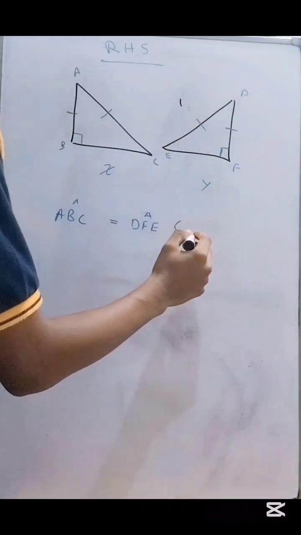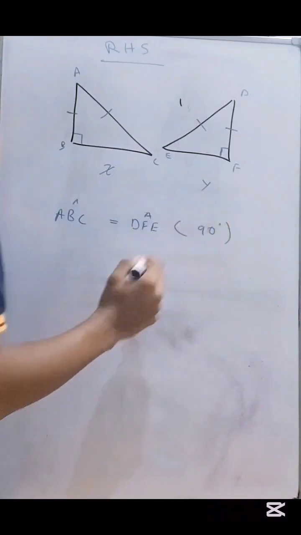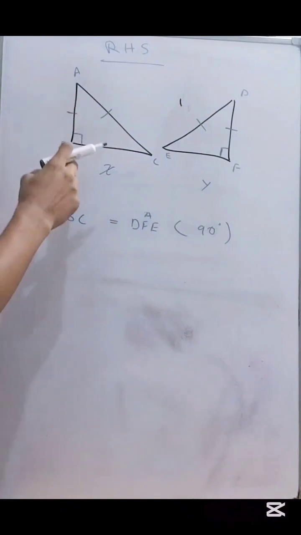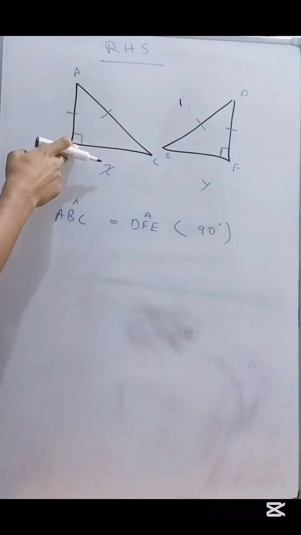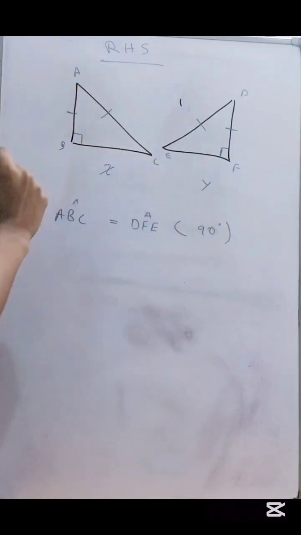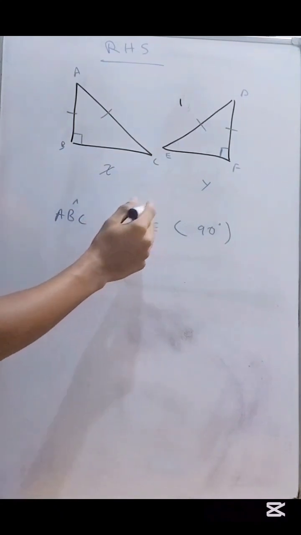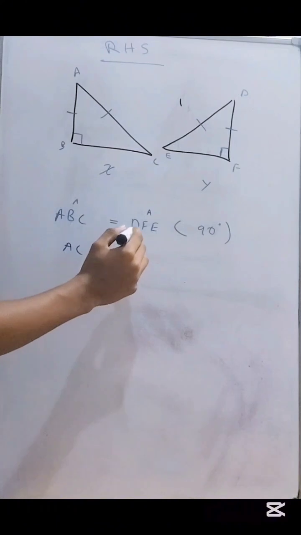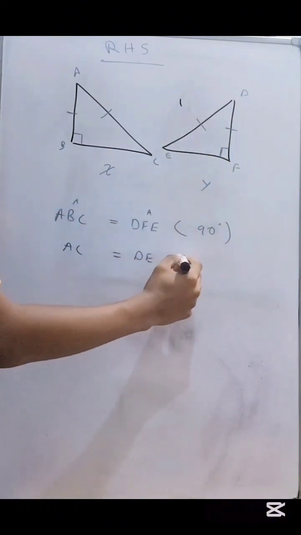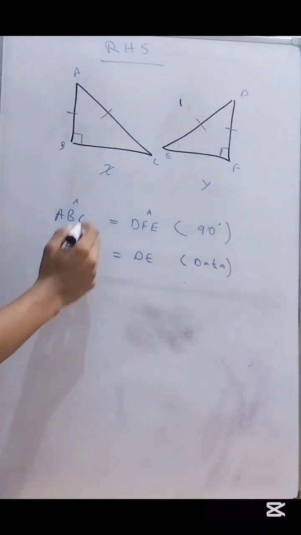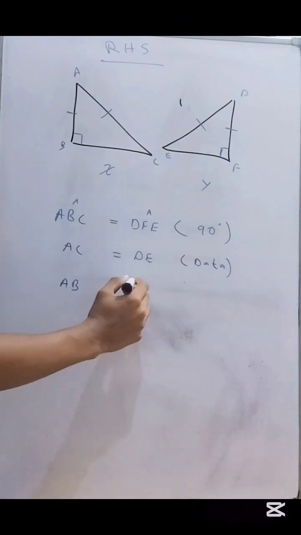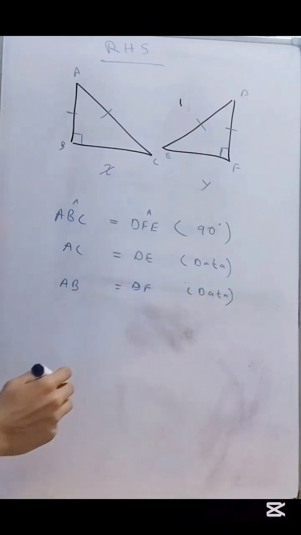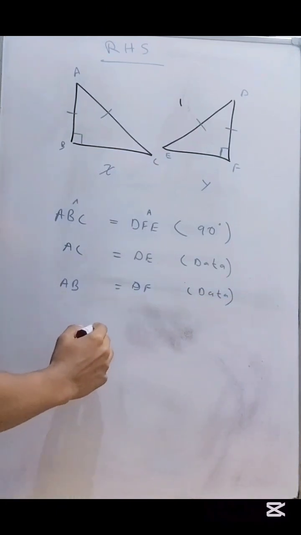Here we can give the reason as 90 degrees because it is a right angle, or if it is marked in the diagram as a right angle, we can mention it as data. Next, the hypotenuse AC is equal to DE, data, and the last one, the side AB is equal to the side DF, which is also data.